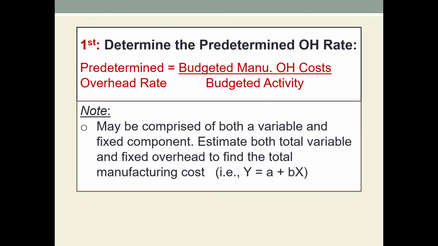Couple of notes about this. We can break it down into its fixed and variable components and then use the equation for a line to estimate the overhead rate for both parts, the variable and the fixed. Some companies will separate it, sometimes it will all be in one lump sum.